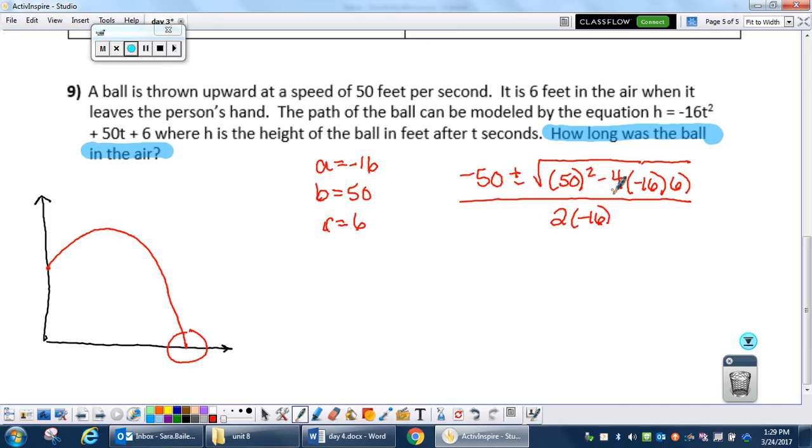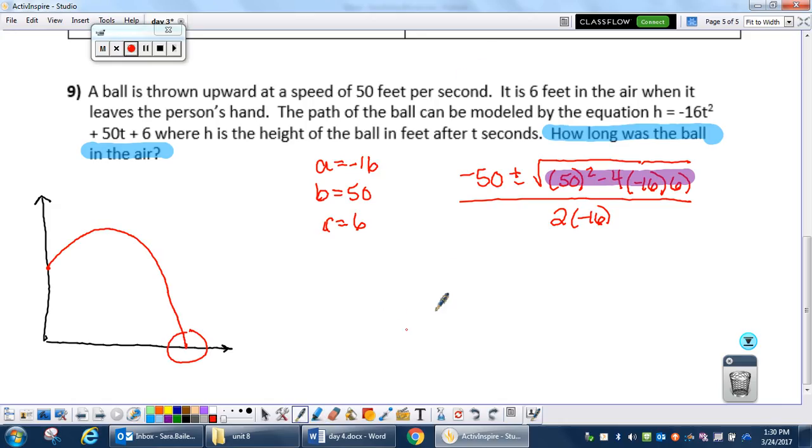Okay, so that number under the radical is what you should be calculating right now. Hopefully you will check it with my number. That number, so 50 squared minus 4 times -16 times 6.